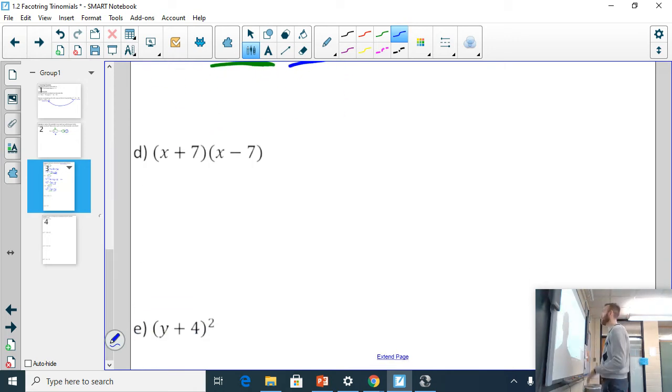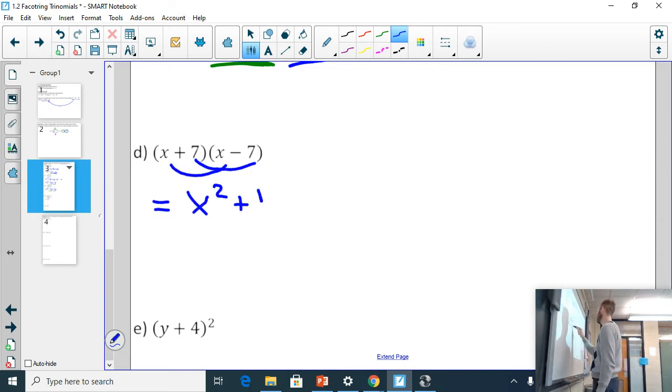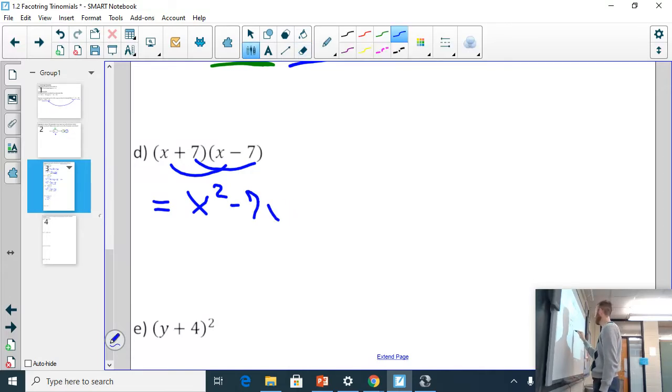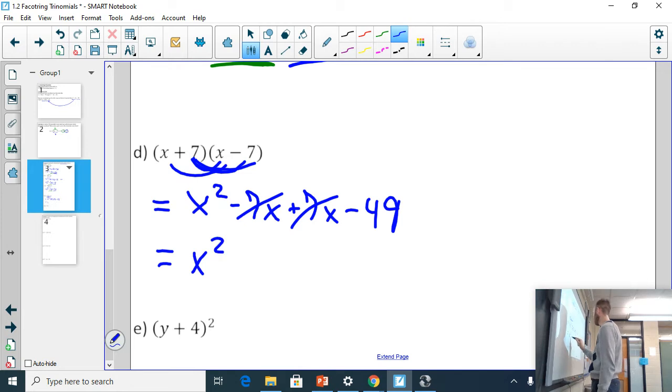And just a pattern to see here, we're going to have x squared minus 7x, sorry, not plus 7x. Minus 7x. Now we have plus 7x. And 7 times negative 7 is negative 49. And so this is a good pattern to notice because minus 7x and plus 7x cancel each other out.